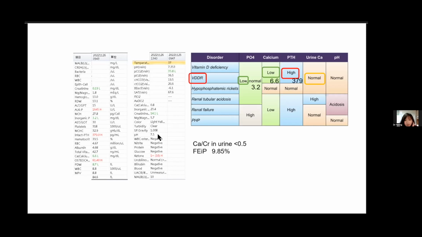Her renal function, liver function, and venous blood gas were all within normal limits. So from this table, she fits vitamin D deficiency or vitamin D dependent rickets. But her total vitamin D level is 42, which is normal, so we exclude the diagnosis of vitamin D deficiency. So from this diagnosis, vitamin D dependent rickets, I started the treatment.